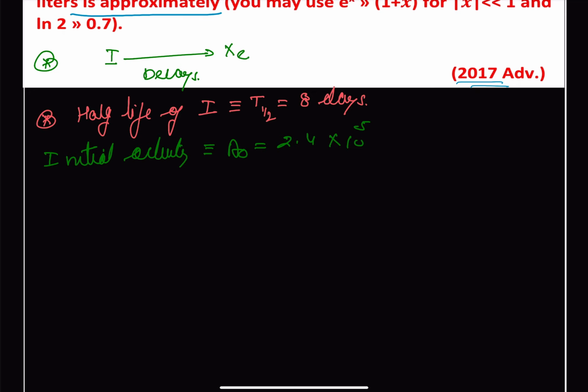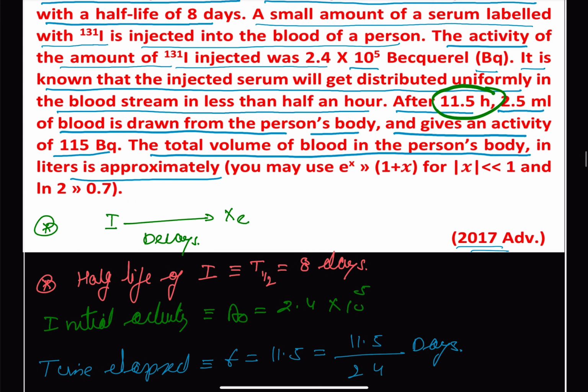So we can write time elapsed, that is the value of small t, is 11.5 hours, which can be written as 11.5 divided by 24 days. And we are given that the sample which was taken out was 2.5 ml, and its activity is said to be 115.